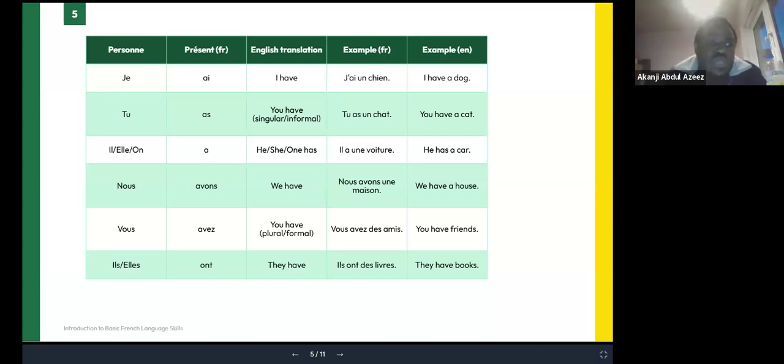Il. So now we say ils ont, with the ONT. Because the ONT starts with a vowel, it makes the s become z. Ils ont, they have. Right? That's in plural. Can you pronounce it together with this example they put here?